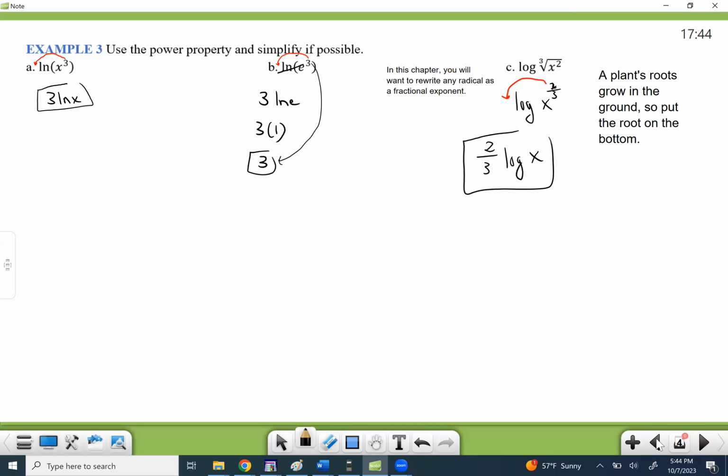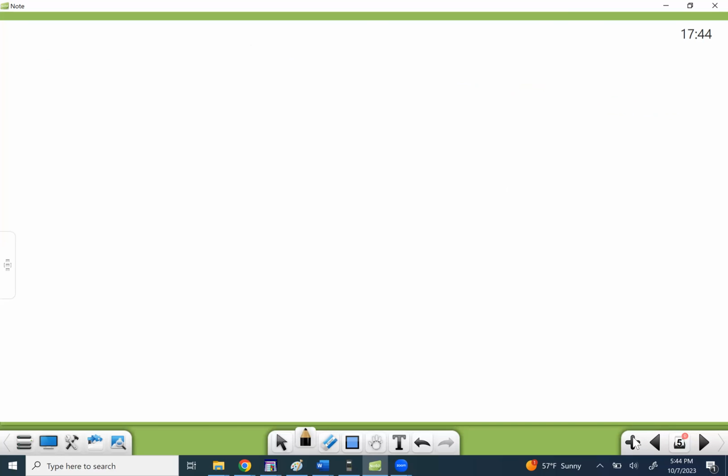As a side note, the power property actually is a direct consequence of the product property. For example, we already know that if we have log of x cubed, we can write that x cubed as x times x times x. Well, that's totally a product property, right? So multiplication becomes addition.